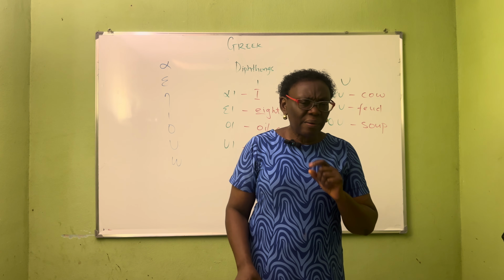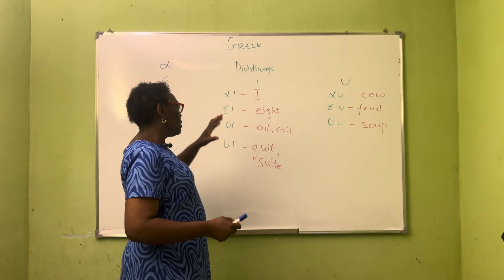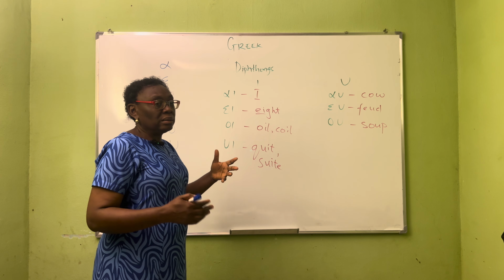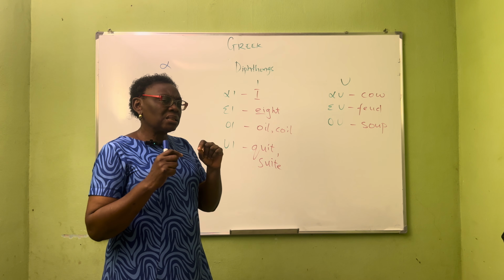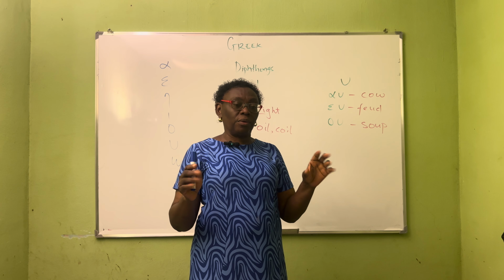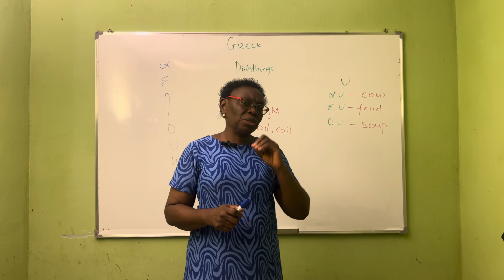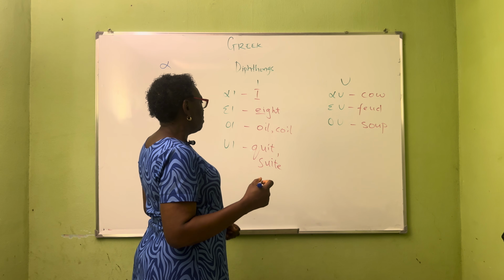Now, there are instances where you may find 2 vowels that could potentially be a diphthong, but if in this particular instance it's not meant to be a diphthong, there is an indication that will be given to us.